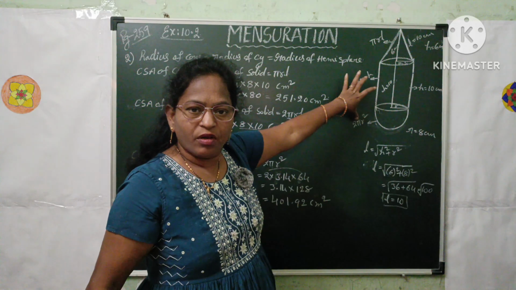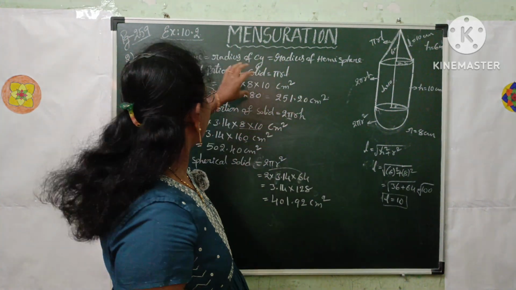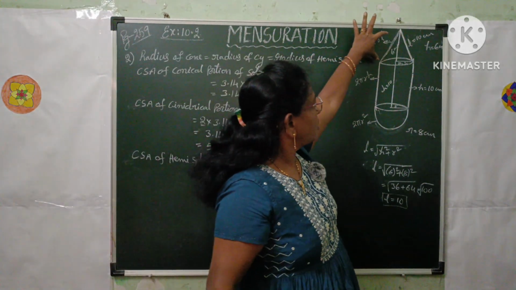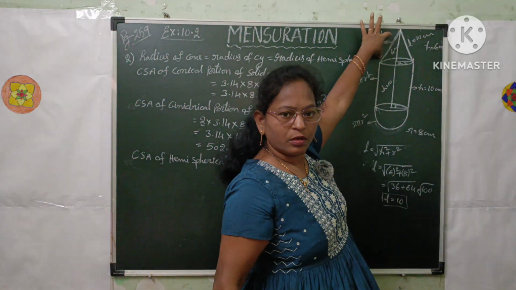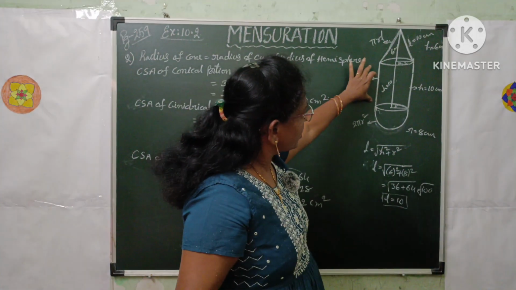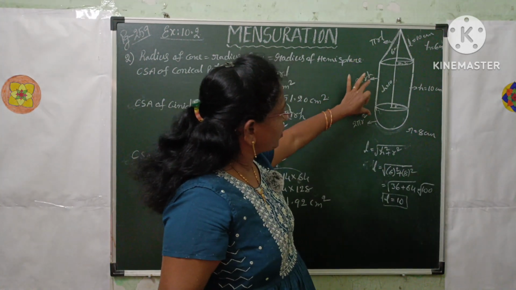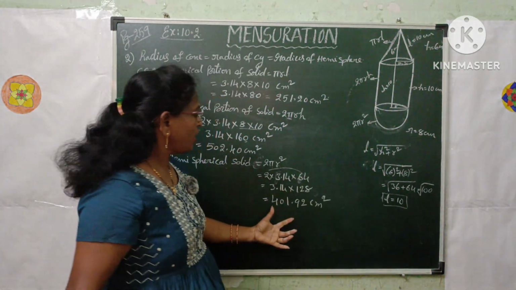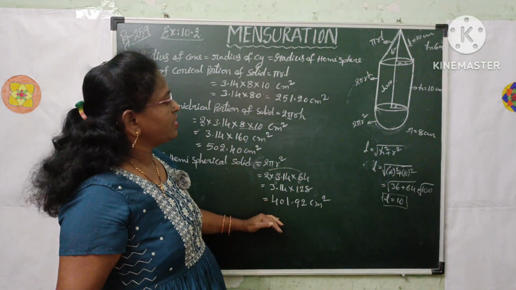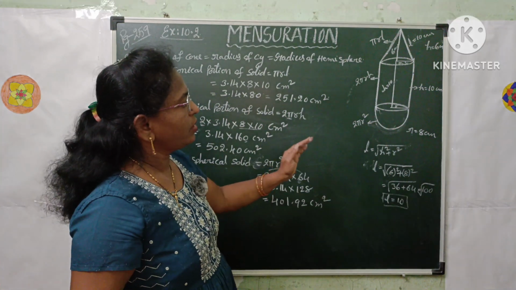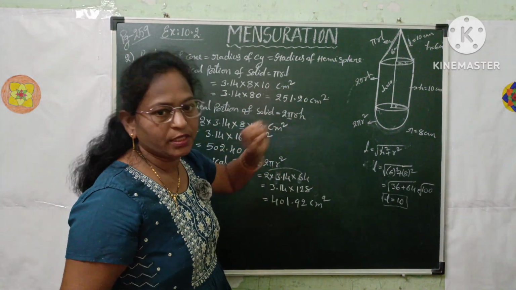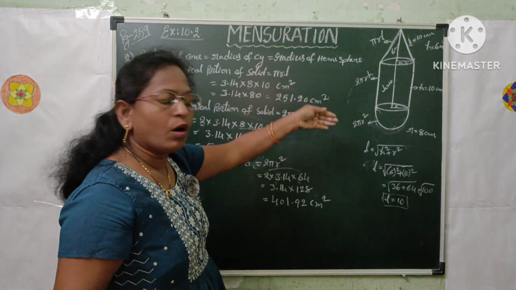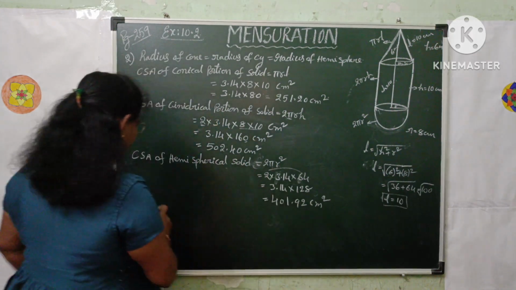Total surface area of the solid. Here already we found the curved surface area of the conical portion, the curved surface area of the cylindrical portion, and the curved surface area of the hemispherical portion. Three surfaces we found. Now we have to find the total surface area of the solid, which means we have to add all the surfaces.